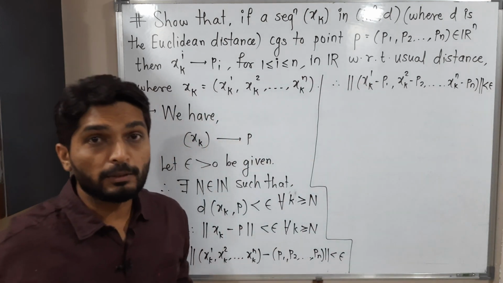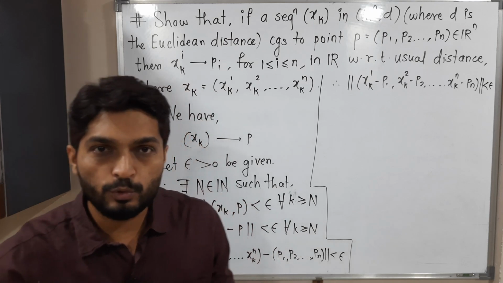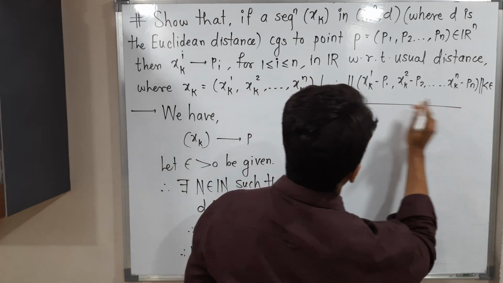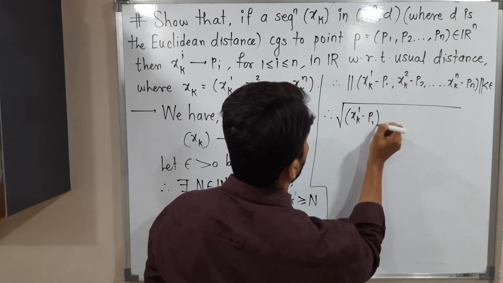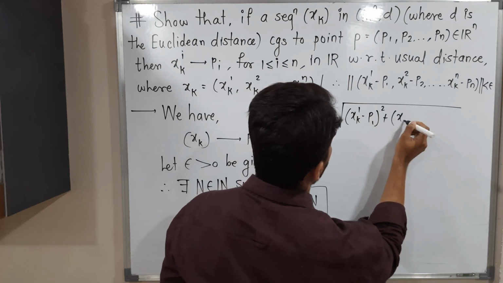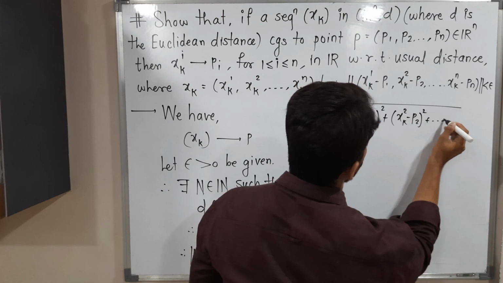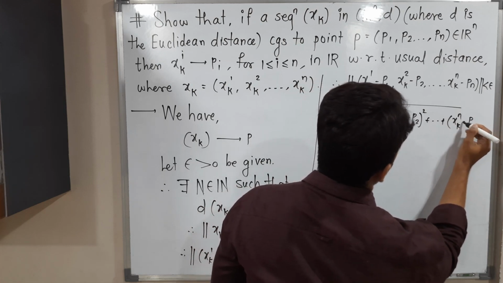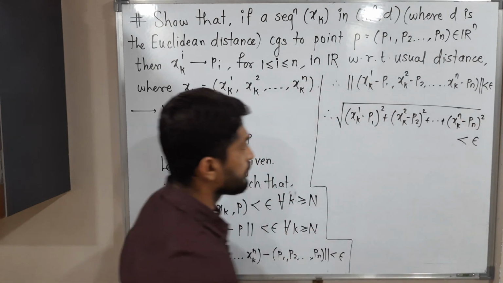All of you are familiar with the definition of the norm, which is defined with the help of a square root. So this is nothing but the root of the square of the first component, xk1 minus p1, plus the square of the second component, plus and so on, the square of the nth component xkn minus pn, all less than epsilon.